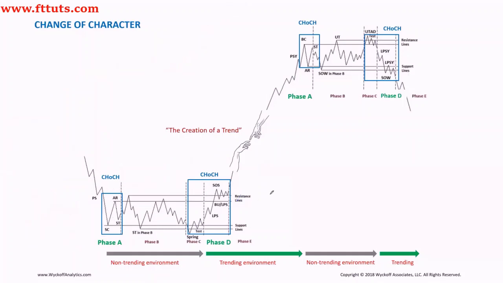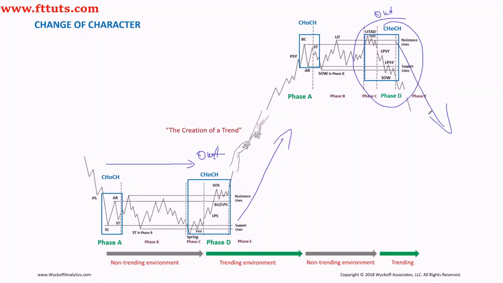Okay, let's talk about the second change of character. That second change, as I mentioned, is going to be on the way out. It doesn't really matter whether it's an accumulation or a distribution. It's still going to be on the way out before the markup or the markdown happens. Actually, if we would be more precise, we could say that this change of character is going to be a part of the emergent trend.